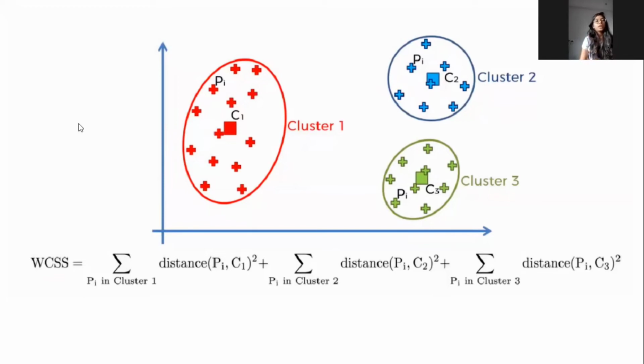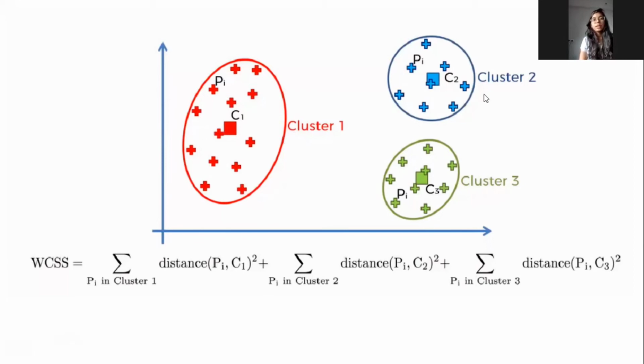Suppose this is our example. For calculating WCSS, we have to calculate the distance between the centroid and the data points of that cluster. For the C1 centroid, within that C1 cluster, it will calculate the distances between all the points and the centroid.